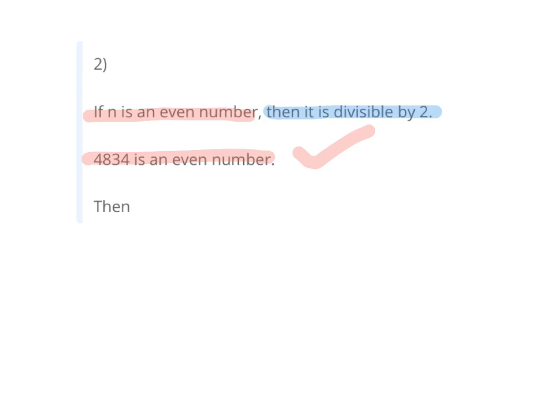That it's true. So if 4,834 is an even number, then what can we imply about it? So then 4,834 is divisible by 2.